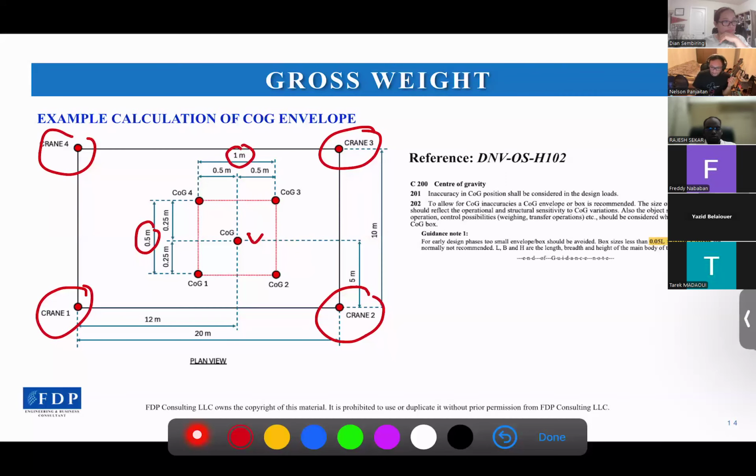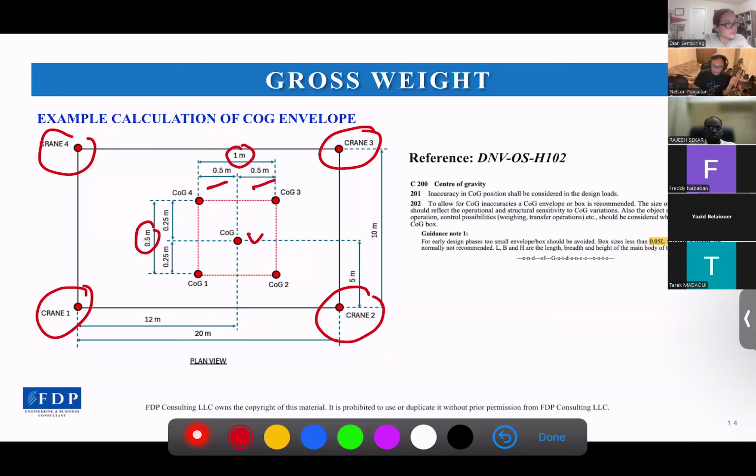And then we put the box at a location where the original COG will be at the center. So it will be half of the length, so 1 meter, and half a meter to COG1 and 4, and half a meter to COG2 and 3.